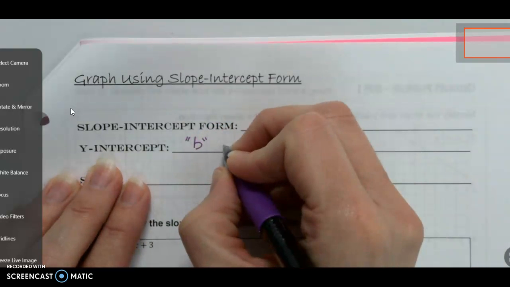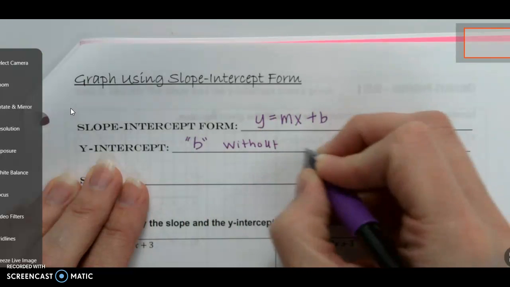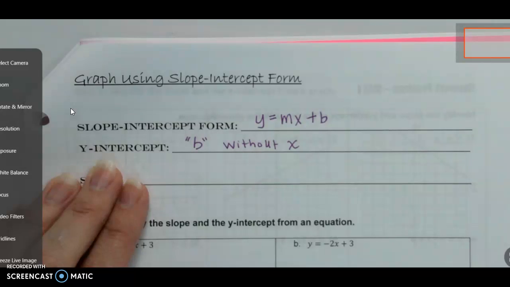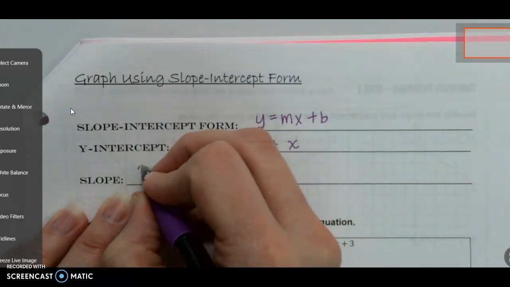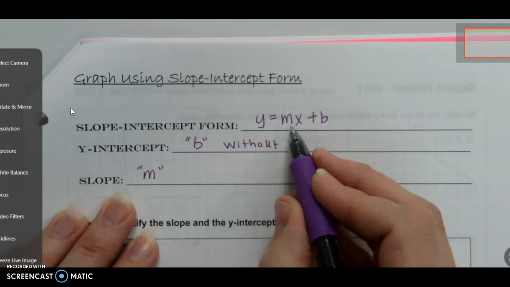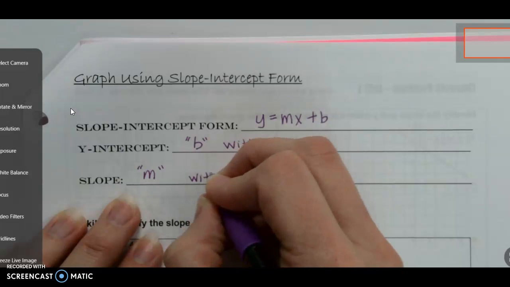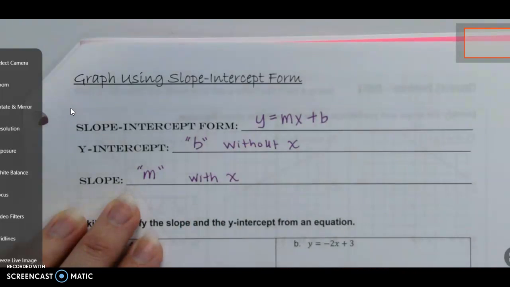More specifically, it's the number without the x on it. And our slope is going to be the number that's in the m position in the formula here. It stands for m. This is going to be the number with the x.